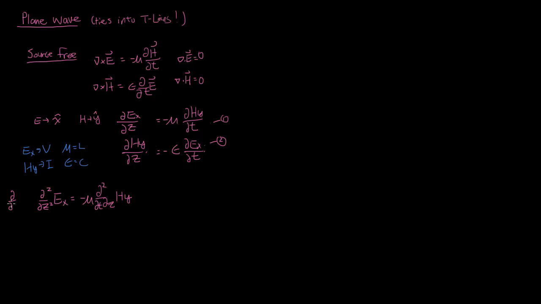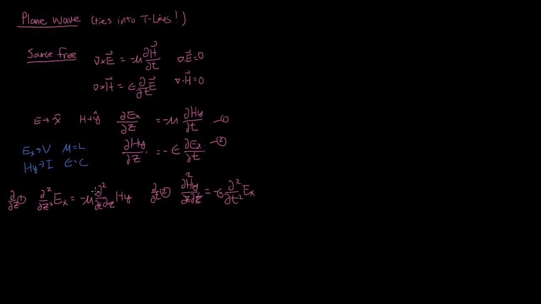So just to review, this is taking d/dz of 1. And then if I take the other equation and do d/dt of 2, I get d squared Hy/dz dt equal to minus epsilon d squared/dt squared of Ex.